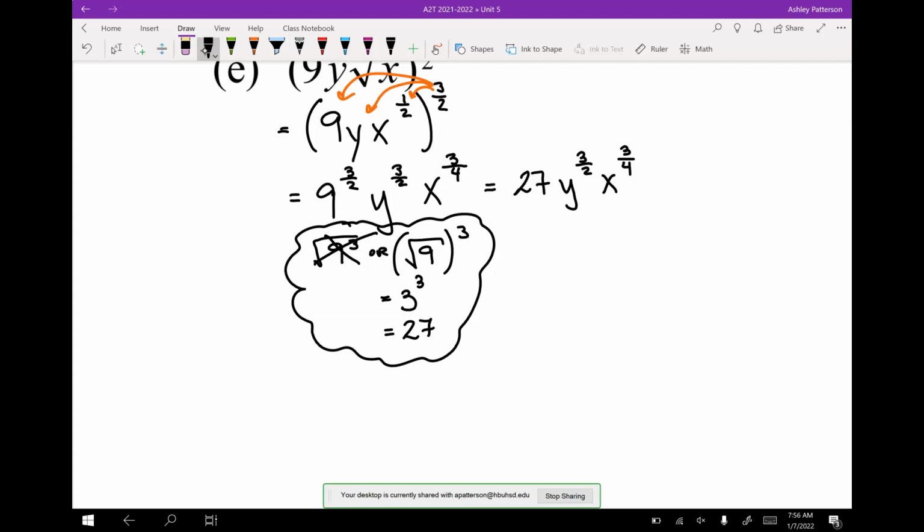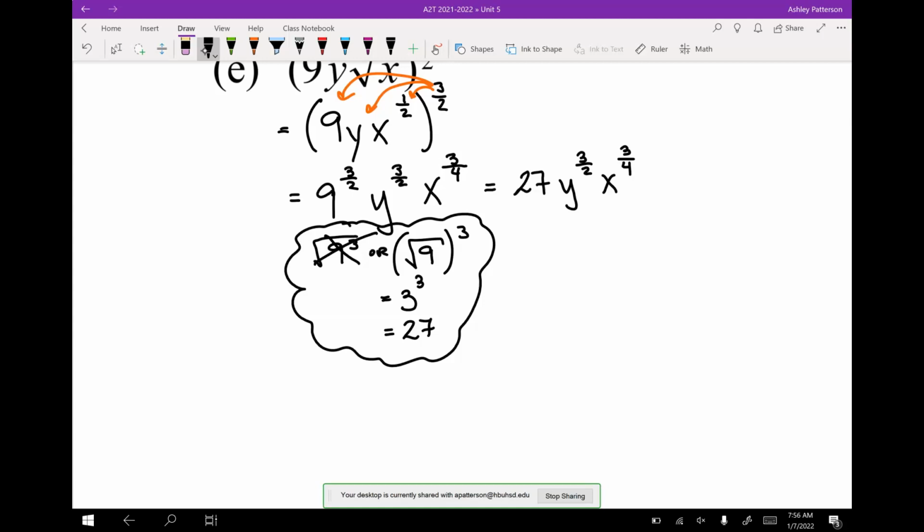All right, now, in order for me to be able to simplify the y and the x, oh man, it'd be really nice if we could put them underneath the same radical, because then we could pull out x's and y's maybe, fingers crossed. But in order for them to be under the same radical, they have to have the same what? Index. And where does the index come from?